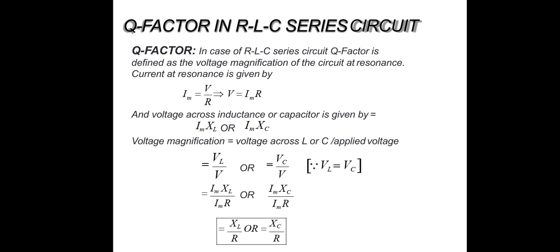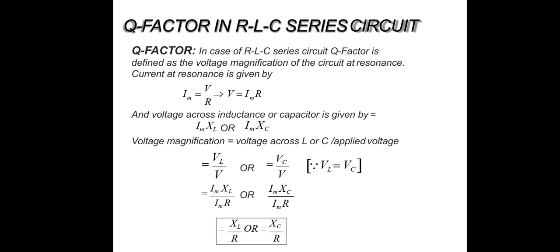Now VL by V, we already have the result, so Im into XL by Im into R. Im gets cancelled, so XL by R, or similarly XC by R. Both are the same. This is the voltage magnification.